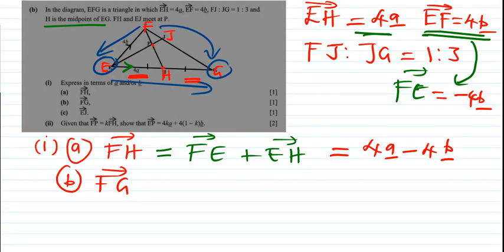They should be of the same magnitude, so we're also going to have 4A there. Therefore FG is going to be the measure of F to E. Like I've said again, we have to move from F to E first, and then from E to G. So FE plus EG.